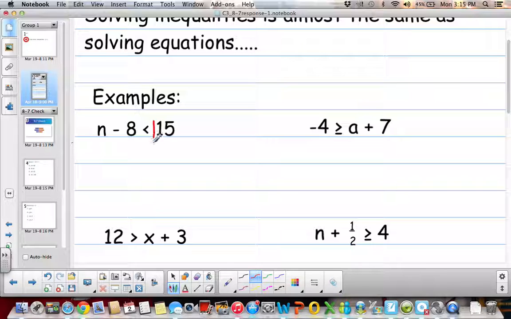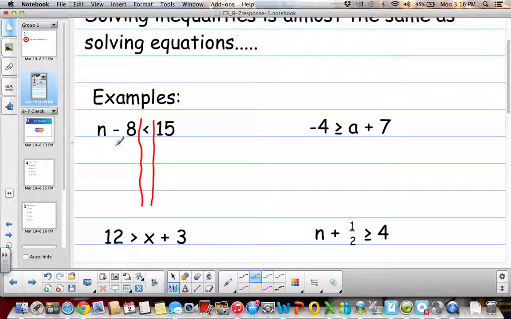So we're going to still set up our railroad tracks, and because it's less than, there's more than one number that would fit here that would make n minus 8 less than 15.